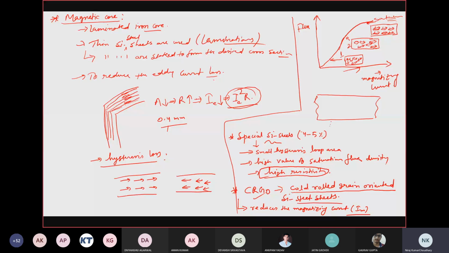So lesser magnetizing current will be required in order to completely orient the grains in the same direction, right? That is, the magnetizing current required to fully orient the grains in any particular direction will be comparatively smaller than in the case of non-oriented steel sheets.